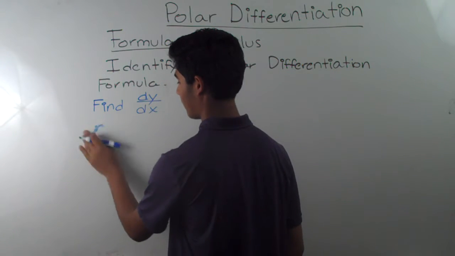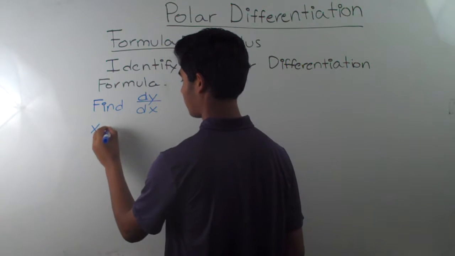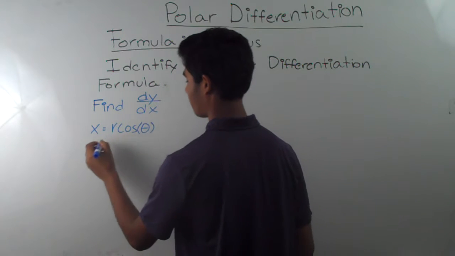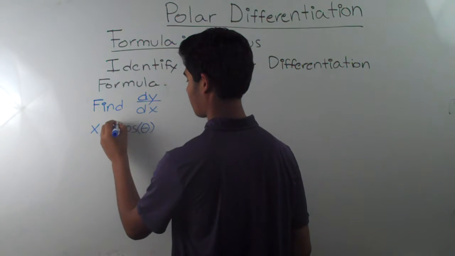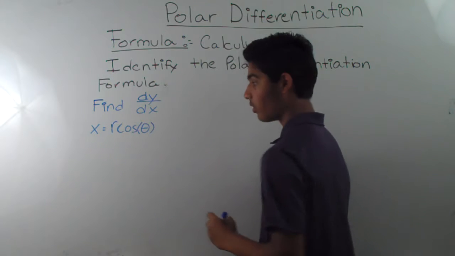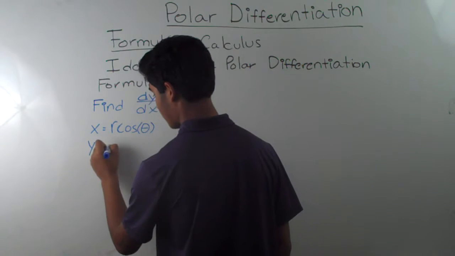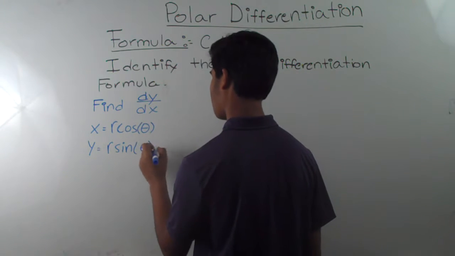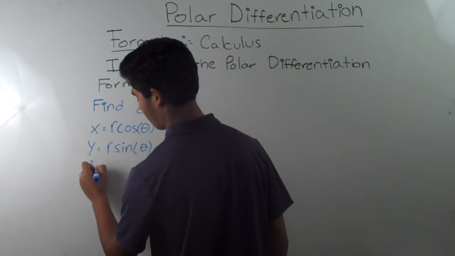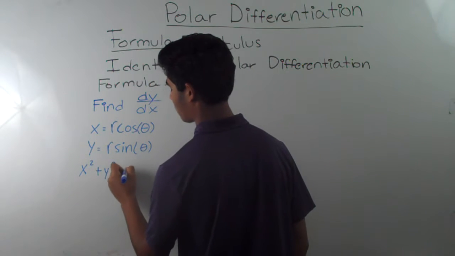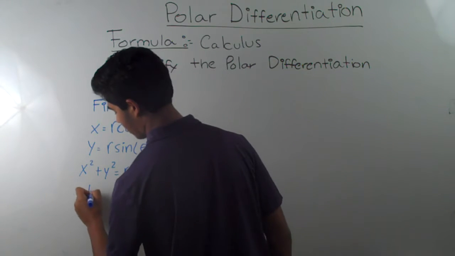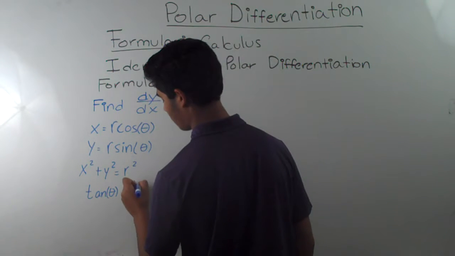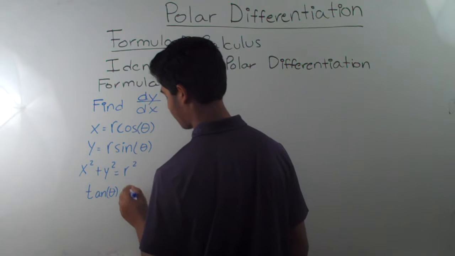We know that x is equal to r cosine theta, y is equal to r sine theta, x squared plus y squared equals r squared, and tangent of theta is equal to y over x.